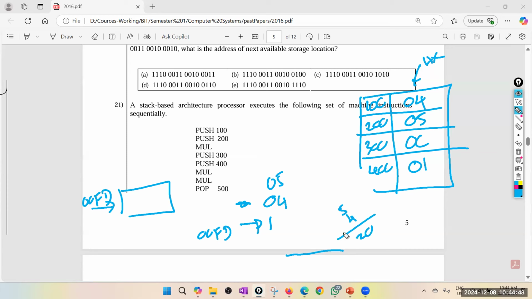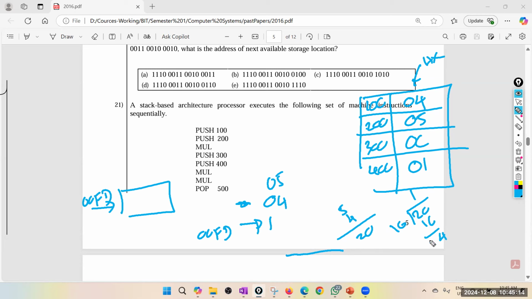Let's do it in hexadecimal itself. So 20 means what? 20 in hexadecimal, because 5 into 4 is 20. 20 divided by 16, 1 and 4 remains. So the remaining 4 will be here, and we are giving 1 to the other digit.